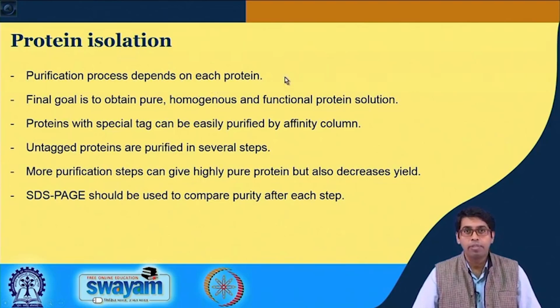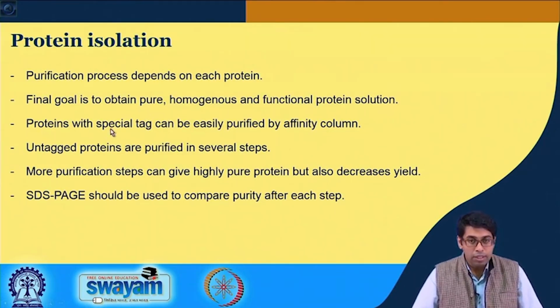The final goal of any such process is to obtain a pure, homogeneous and functional protein solution. If it is an enzyme, then it should be a functional enzyme. If it is a ligand binding protein, then it should bind its ligand. It should be as pure as possible, at least 95% pure.